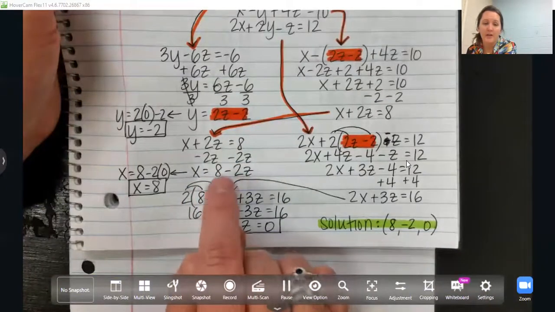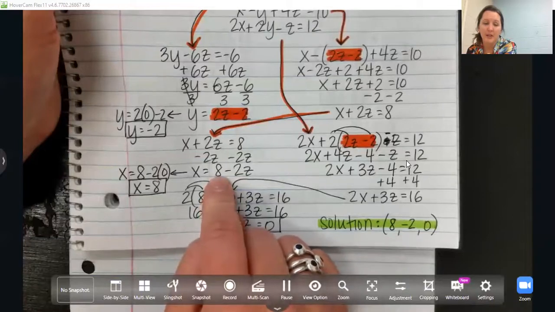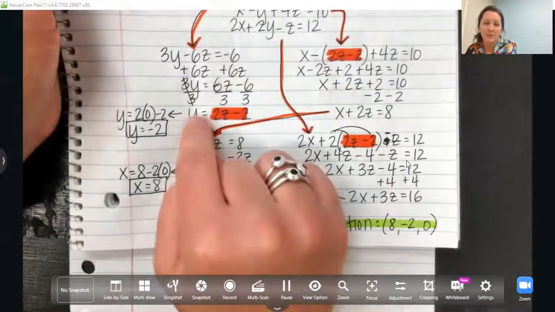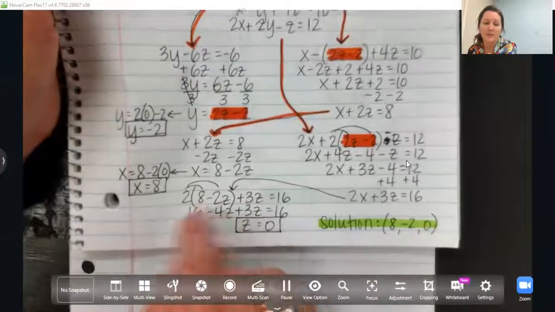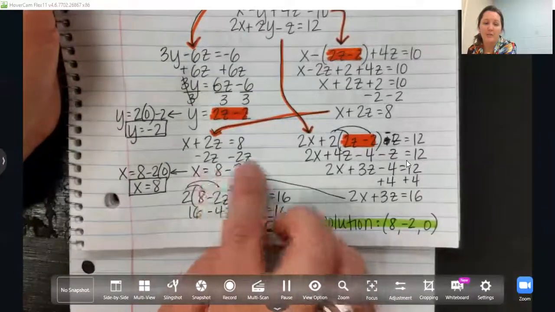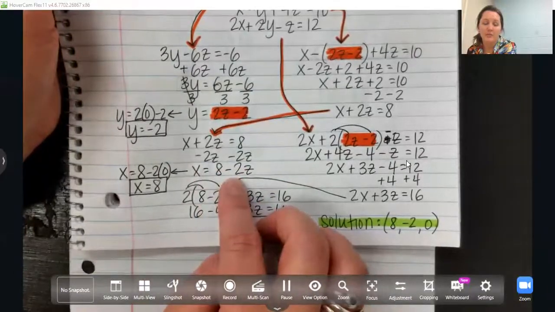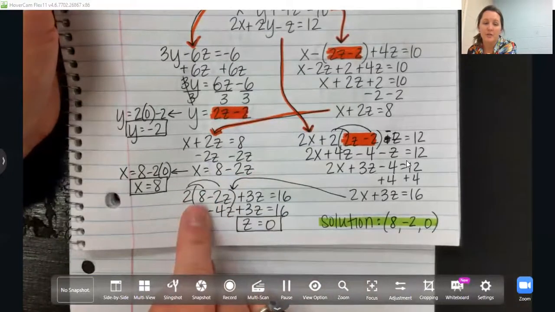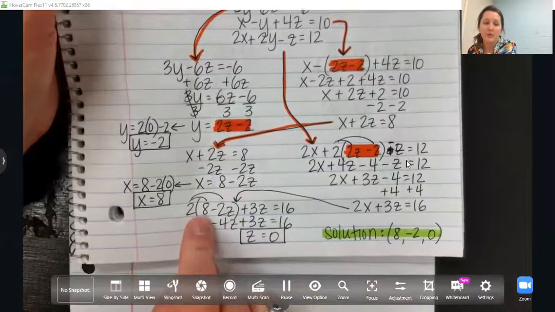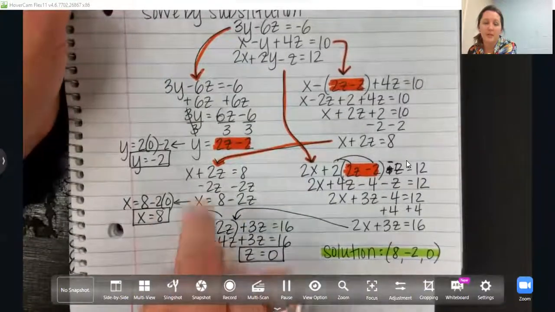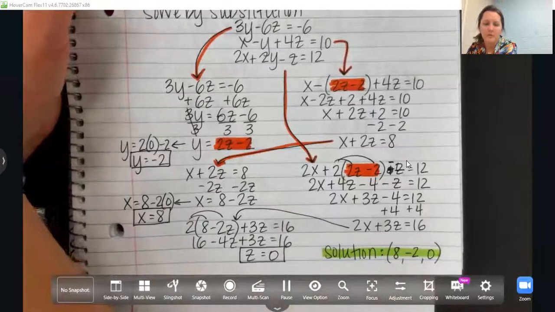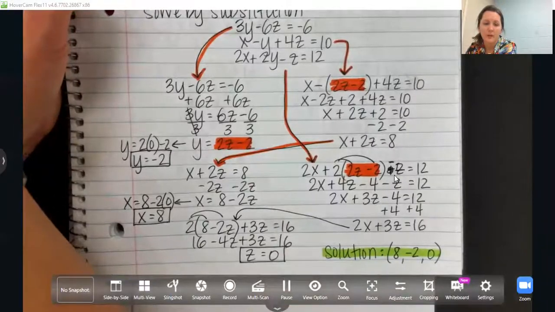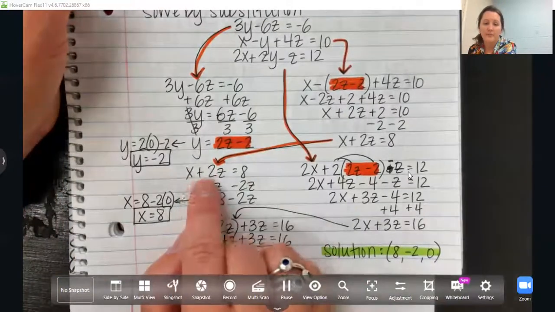All right, now I have something solved for x. We had something solved for y, and we had something solved for x. I'm going to grab this value here, 8 minus 2z, and I'm going to plug it in. Trying to follow my train of thought here.